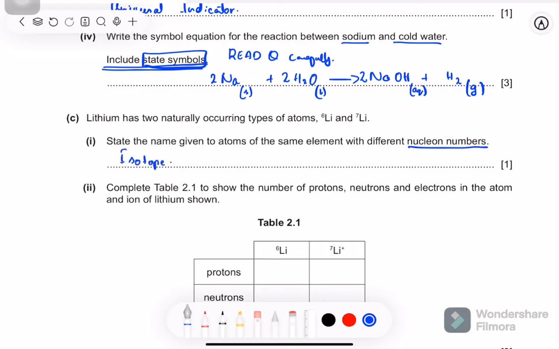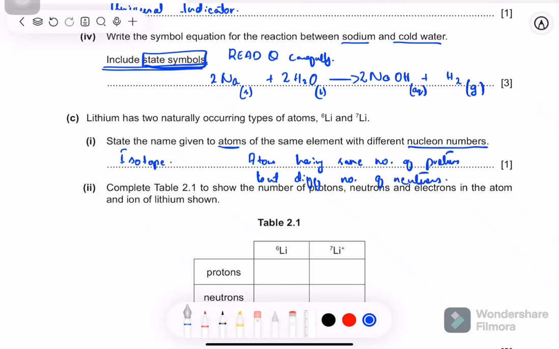They can also ask you the direct definition of isotopes. For a 2-mark question: atoms having the same proton numbers, same number of protons, but different number of neutrons.